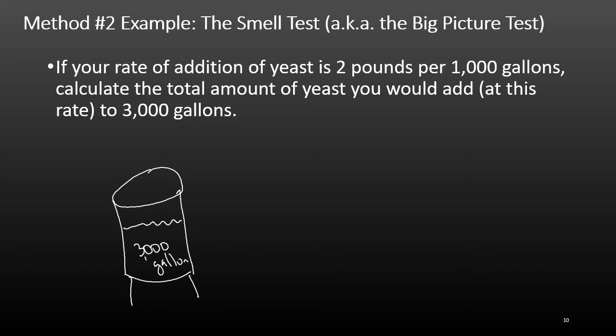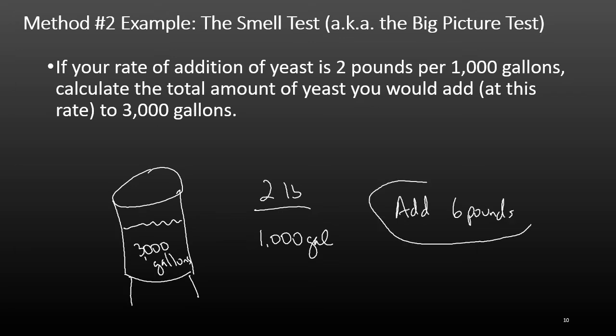So 3,000 gallons. And our rate of addition is 2 pounds per every 1,000 gallons. Well, it's pretty easy to see that we're going to add 6 pounds, right? 2 pounds per 1,000 times 3,000 gallons is 6 pounds of total yeast that we're going to add to the 3,000 gallons of juice.